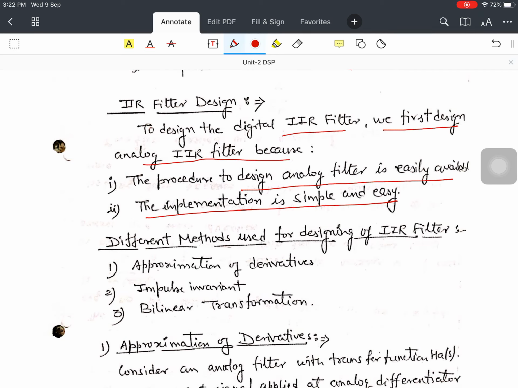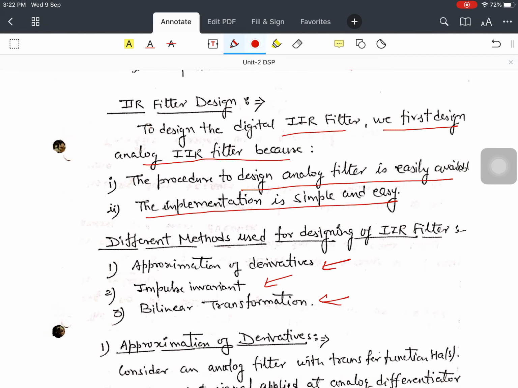If we talk about the different methods, there are three types of methods available through which we can design our digital IIR filters. The first one is the approximation of derivatives, the second one is the impulse invariant, and the third one is the bilinear transformation. So these are the three types of methods available for designing of digital IIR filters.